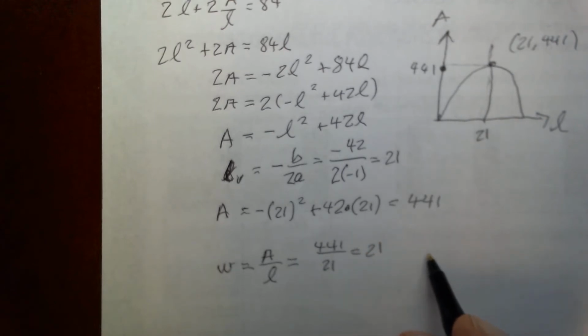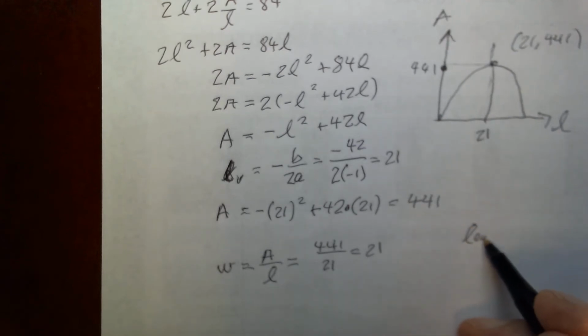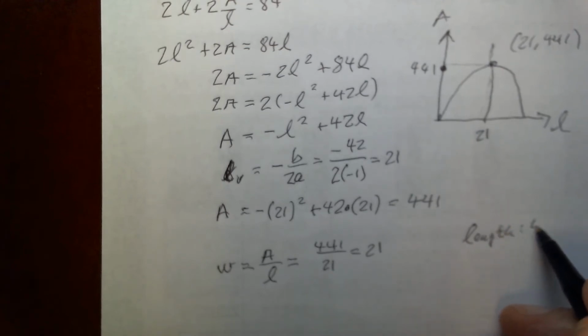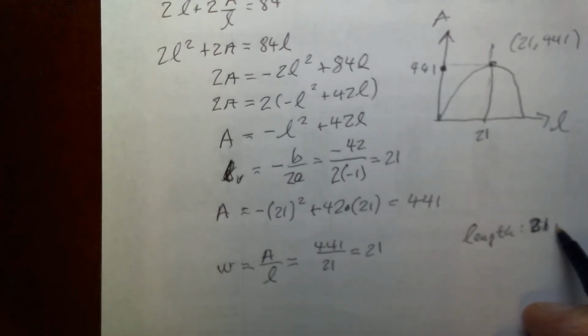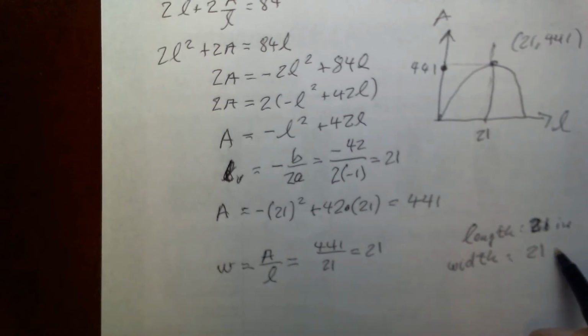So the dimensions of the stained glass window are: the length equals 21 inches, and the width is also 21 inches.